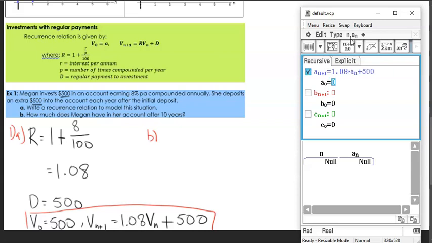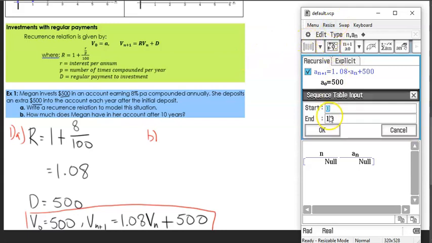Execute this and make sure you set your initial amount as 500 as well, because we initially invest 500 into the account. Next thing, we want to set our limitations. Now, we are trying to look for after 10 years, so V of 10. So our n number will be 10, okay? We're not looking for the 10th term, we're looking for after the 10th year.